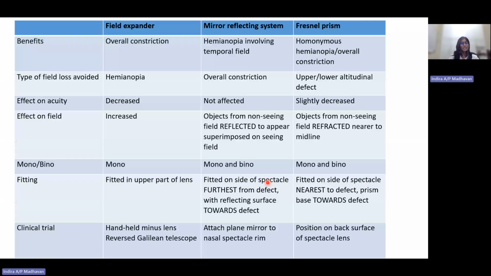So these are the two ways of prescribing a field expander to the patients. The type of field loss that should be avoided in field expander is hemianopia. A patient with hemianopia will not benefit from this.